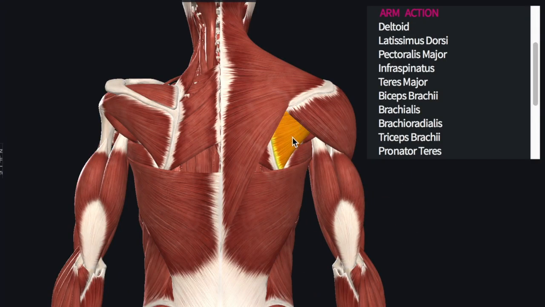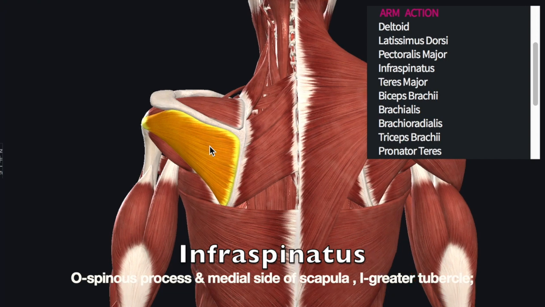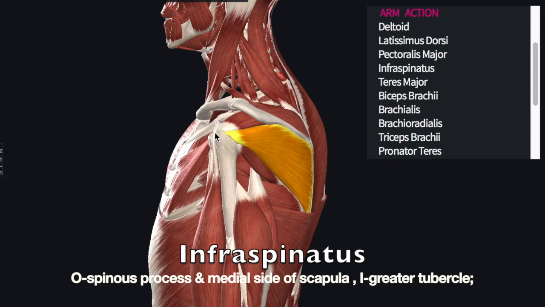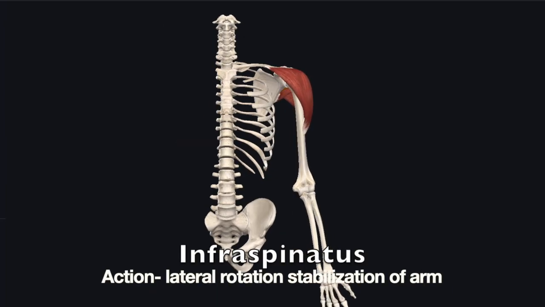Now deep to the deltoid muscle and trapezius, we have the infraspinatus muscle. Here we can see the infraspinatus muscle a little bit more clearly, and its origin is along the scapular spine as well as the medial side of the scapula, and its insertion is along the greater tubercle of our humerus. Its action is in the lateral rotation of the arm. In addition, it will help to stabilize many of the actions of the shoulder.